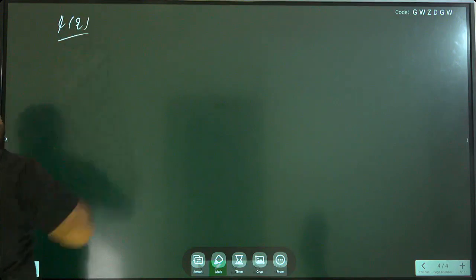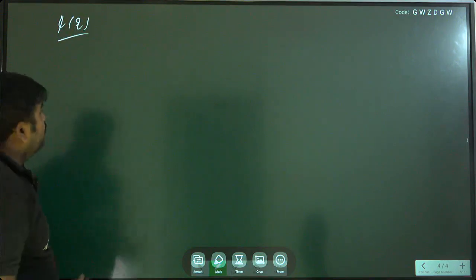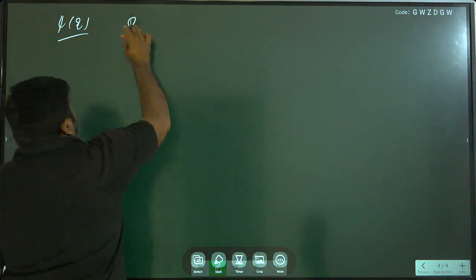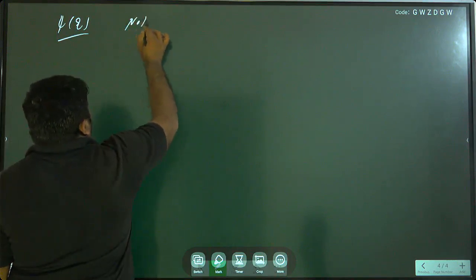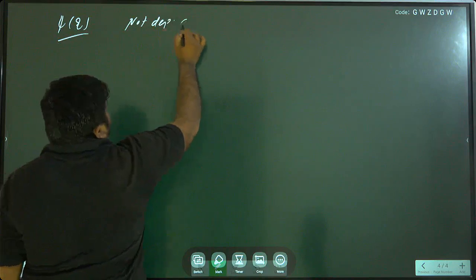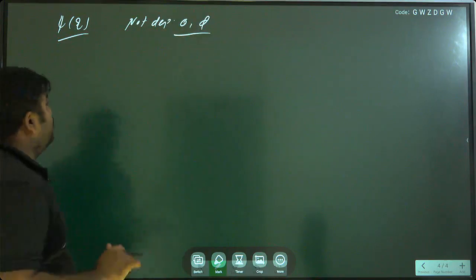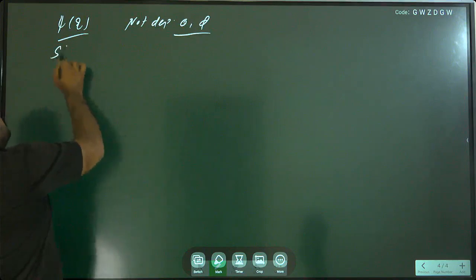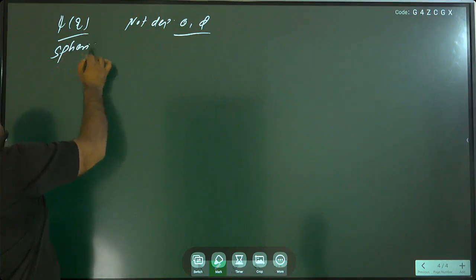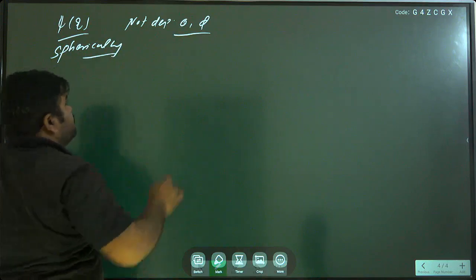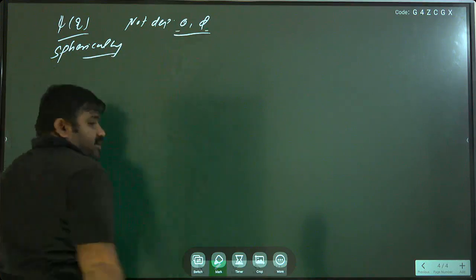The wave function of the hydrogen atom depends upon r only. It does not depend upon theta and phi. Yes or no? ये थीटा और फाई पे डिपेंड नहीं करता, इसीलिए we can say this is a spherical system. Yes or no? और spherically symmetric nature. क्यों? क्योंकि this function does not depend upon theta and phi.